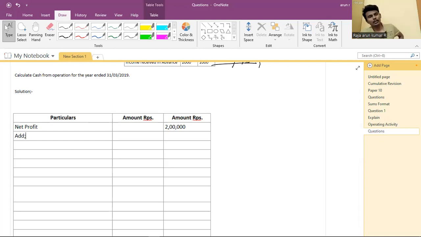Non-cash expenses and losses, and less incomes, non-cash incomes and gains.